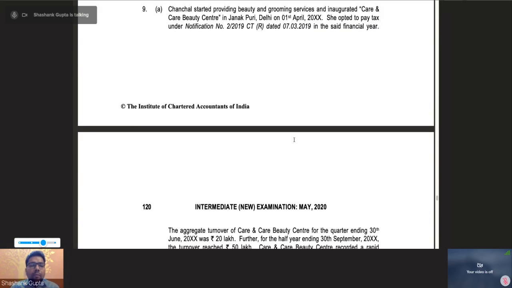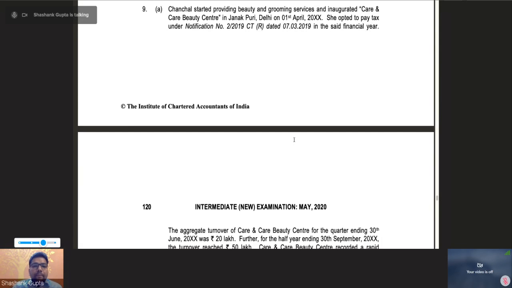She opted to pay tax under notification number 2/2019. Have we discussed this notification? Yes, of course. What does this notification provide? This notification provides that up to 50 lakh rupees of turnover, a service provider has an option to pay tax at the rate of 6%.